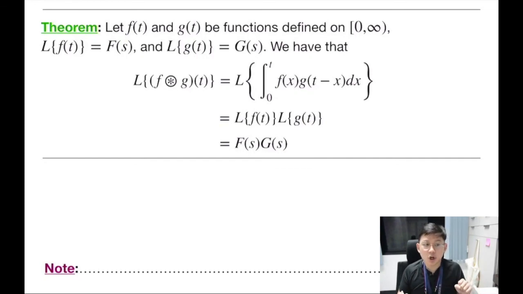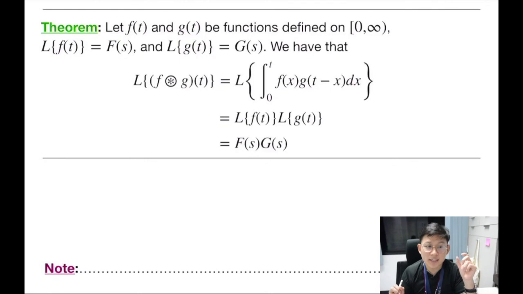Why? Because if you need to find the Laplace transform of the convolution of f and g, what you need to do is just find the Laplace transform of f, then find the Laplace transform of g, and then multiply them.